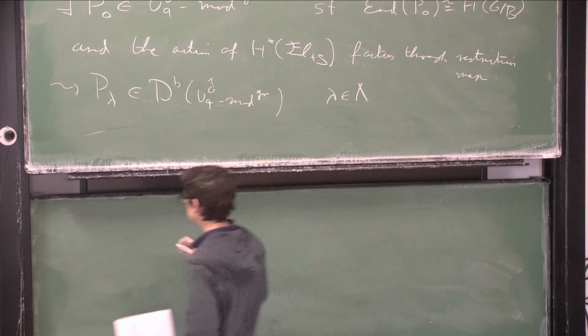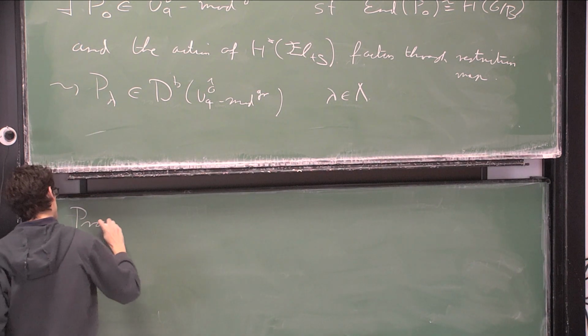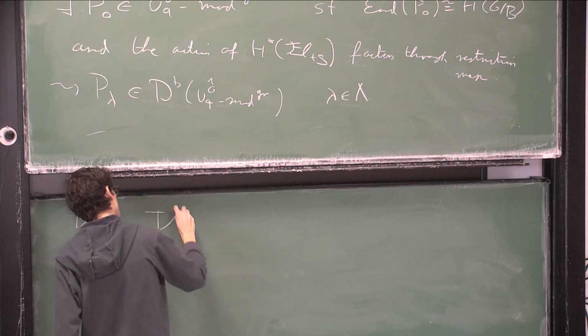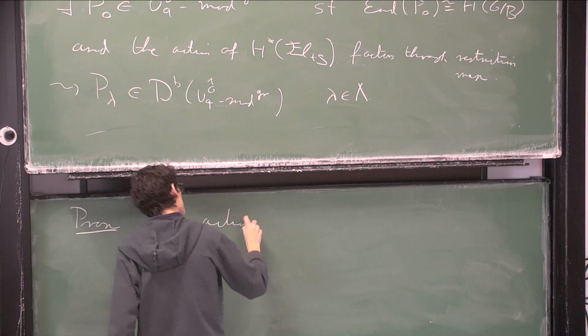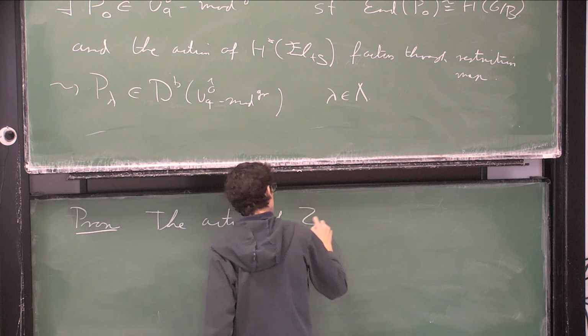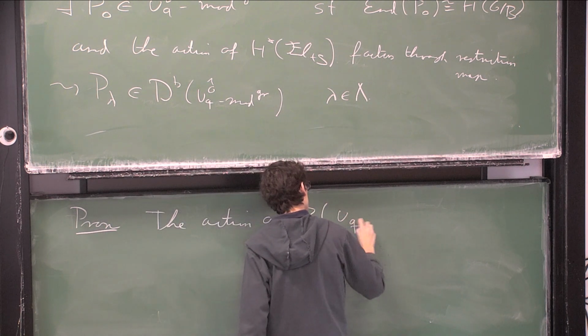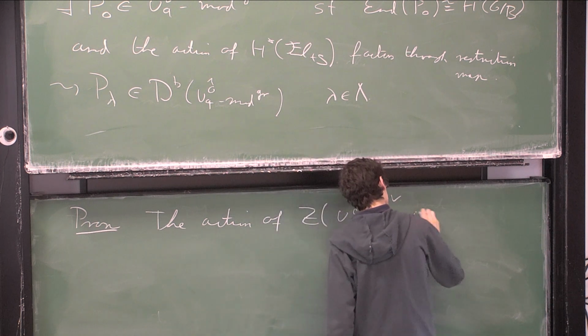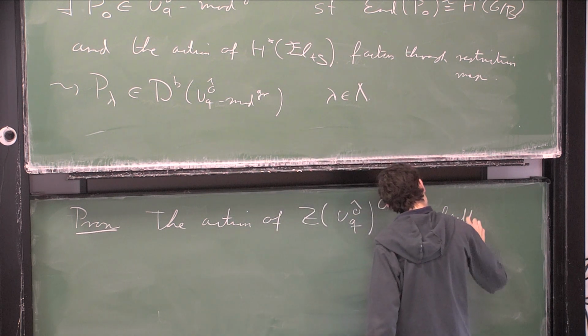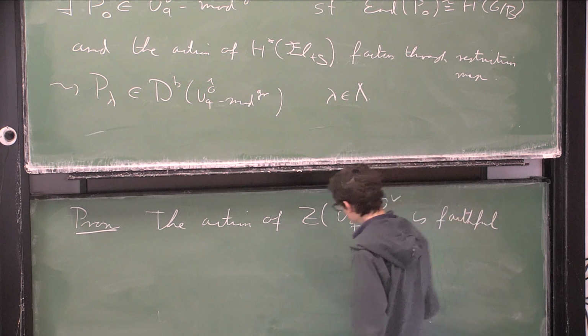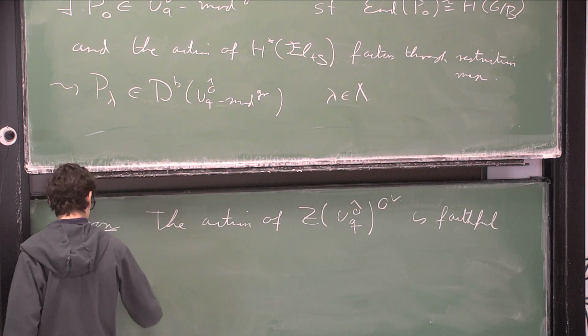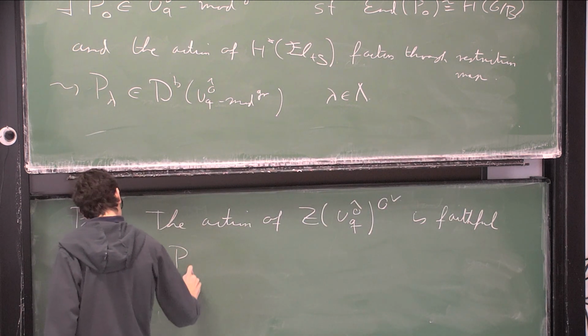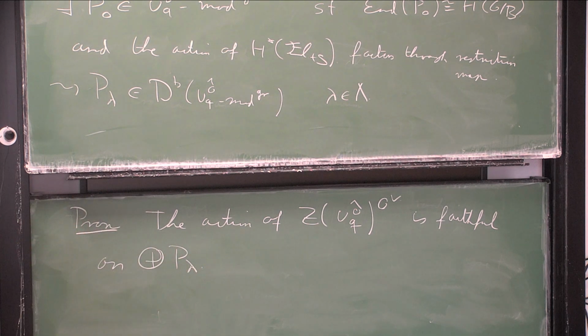So the result is that the only action that we can prove is faithful is of this G invariant part, faithful on this object.